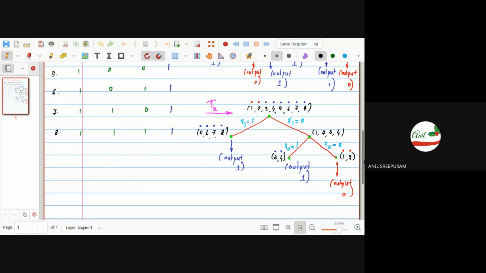The ID3 decision tree algorithm and the CART algorithm, classification and regression tree, are the two famous algorithms commonly used for designing decision trees. They use mathematical measures called impurity measures, like entropy, Gini index, information gain, etc., to determine which features are to be chosen in which priority order.